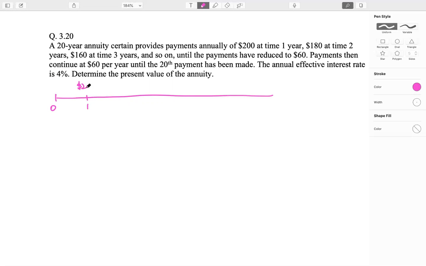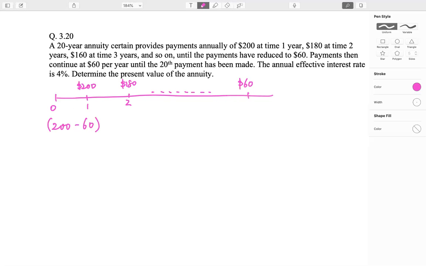First, 200. Second, 180 goes on until how much? $60. So first, we need to know what would be the time for the amount of $60. We know the decrease amount is 20, so the difference between 200 and 60 is 140.